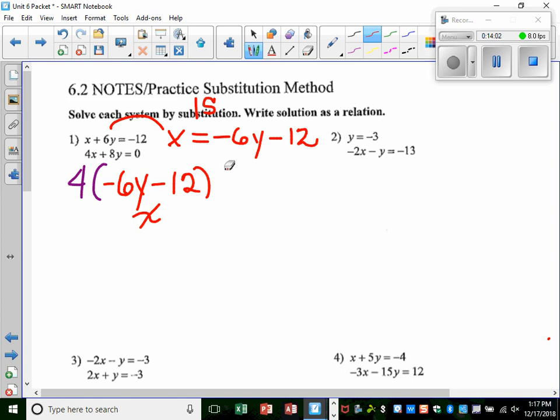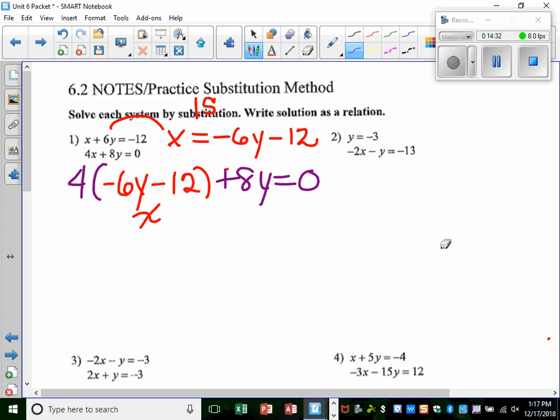Write down the rest: plus 8y equals 0. Okay, so take a look. Make sure you understand that step 2. Take the value for x. X is actually an expression, and put it in for x. And you remember, whenever we substitute, we always use what? Parentheses.